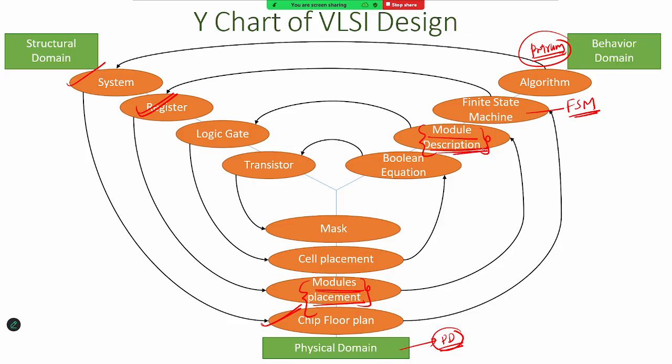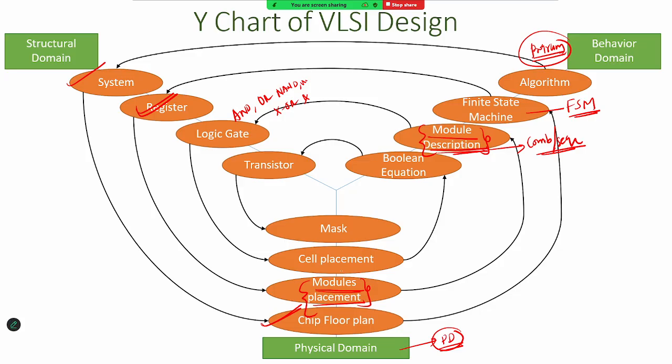Basically in module description we are using combinational and sequential circuits. And after that, logic gates: AND gate, OR gate, universal gates like NAND gate, NOR gate, and special gates like XOR, XNOR.